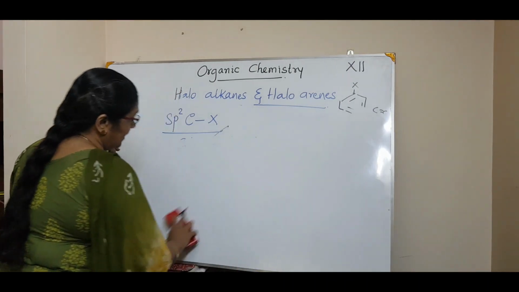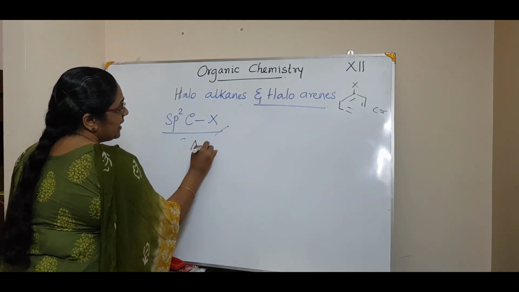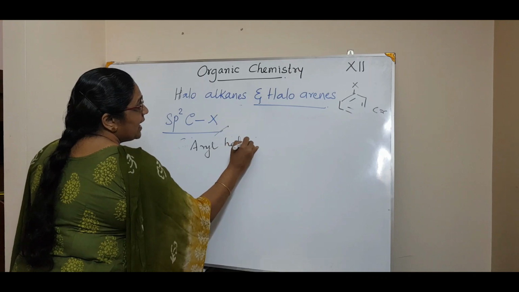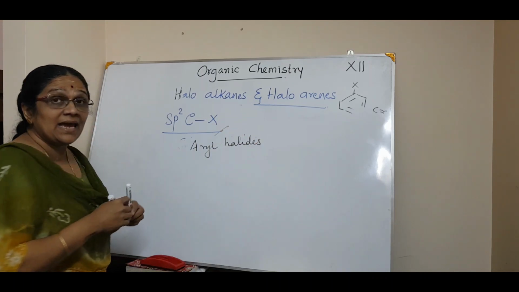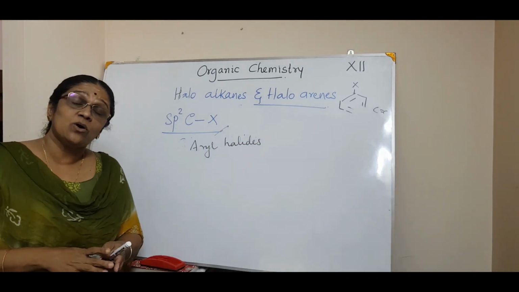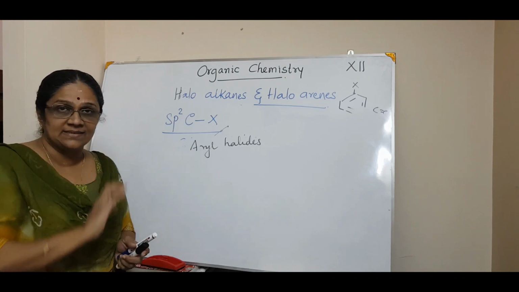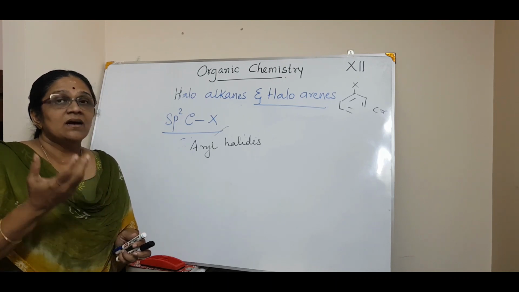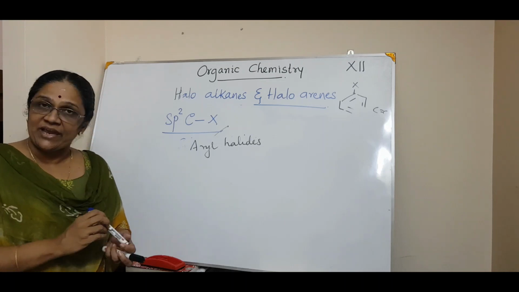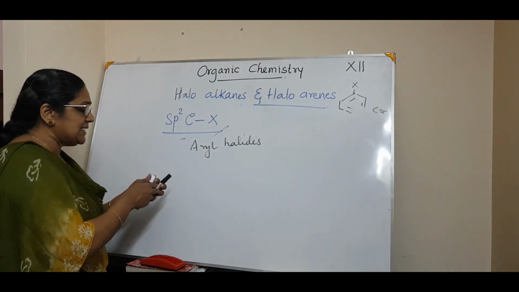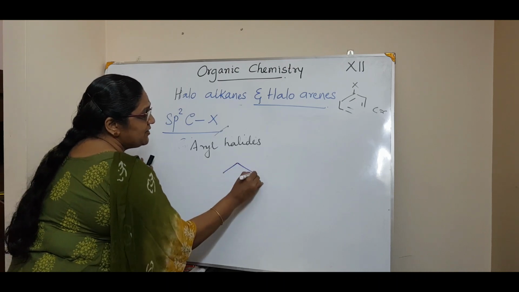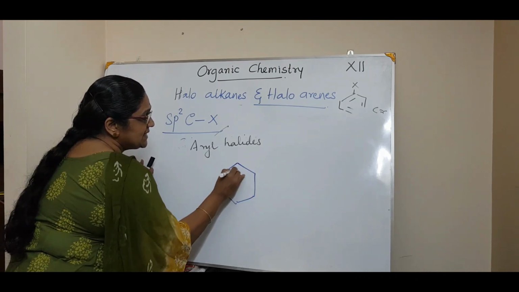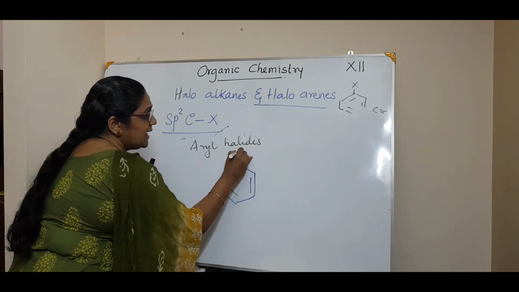Okay. Aryl halides. And the second is aryl halides. Aryl halides are nothing but, aryl means what? Alkanes or aliphatic means alkanes, haloalkanes. Haloarenes means the compounds containing a benzene ring. So aryl halides are nothing but the benzene ring, and the benzene ring contains a halogen atom.